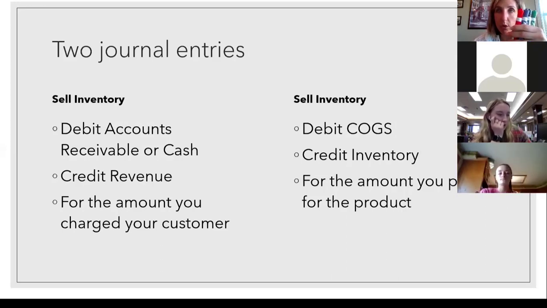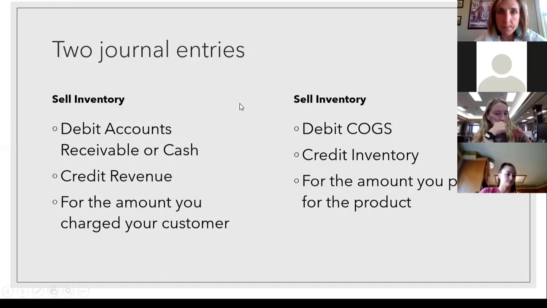If I paid $1 for these markers, I would debit cost of goods sold for $1 when I sold one, and I would credit inventory for $1, the price I actually paid for the product. So then it looks like I have a profit of $2, right? Sold it to my customer for $3, I only paid $1 for it. So every time it says you sell your inventory, you're going to have two journal entries on the homework.